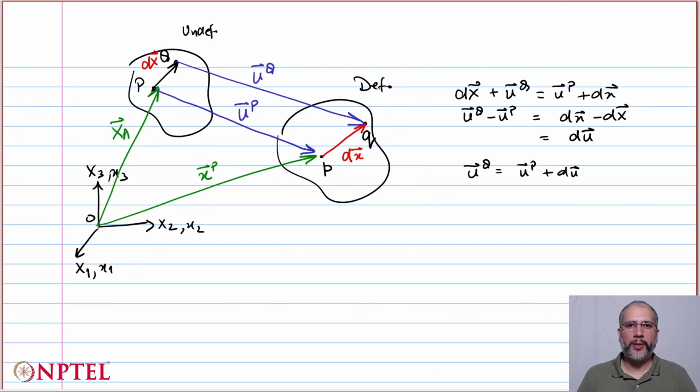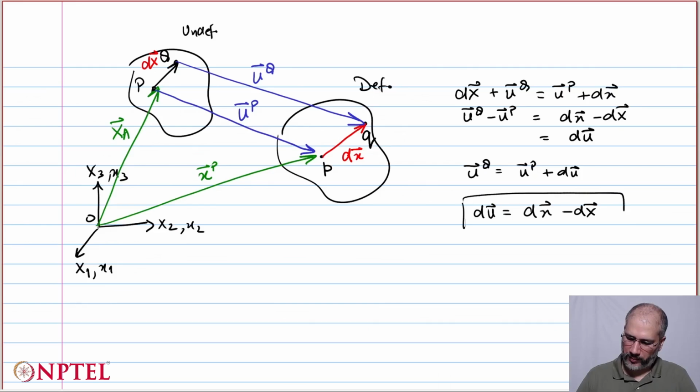Because q is around p, so p gets displaced by u^P, and q gets displaced by a small displacement added to it. So du is dx minus dX. And if I want to see this vectorially, I can easily do that.